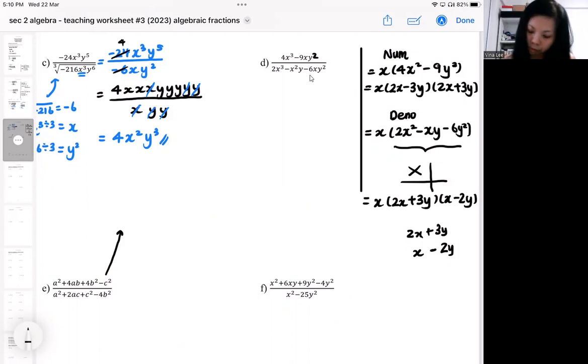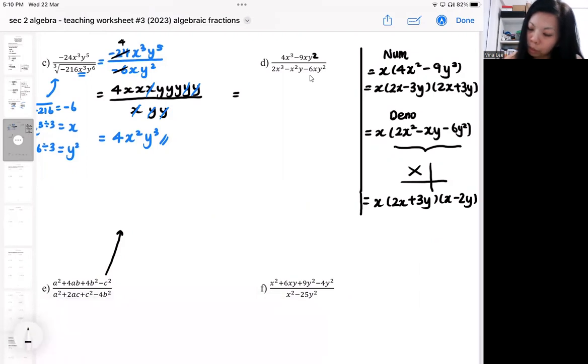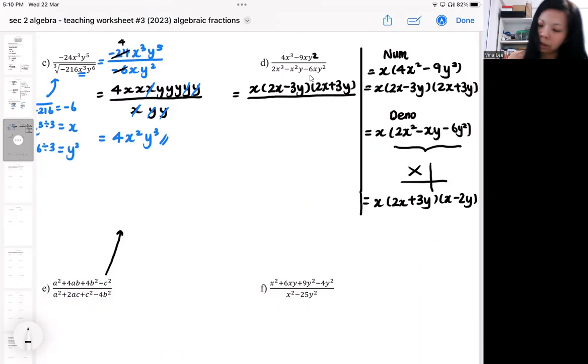So factorize it properly. Let's see what happened to the numerator. The numerator got 2x minus 3y, 2x plus 3y. The numerator has 3 products, and the denominator also has 3 products.